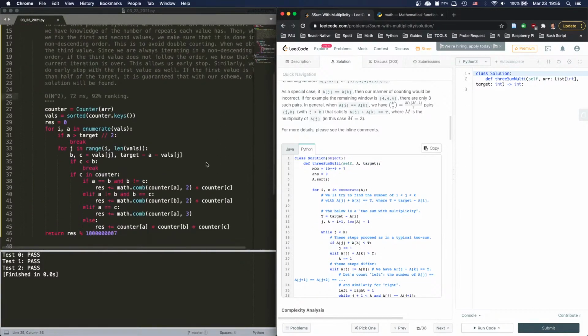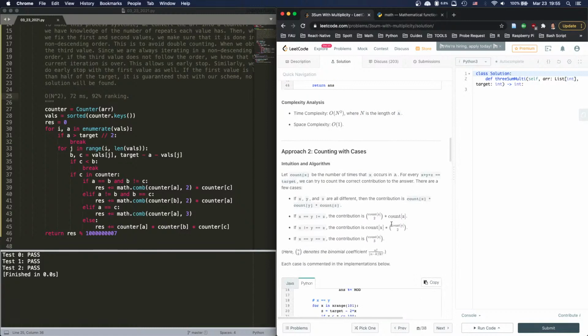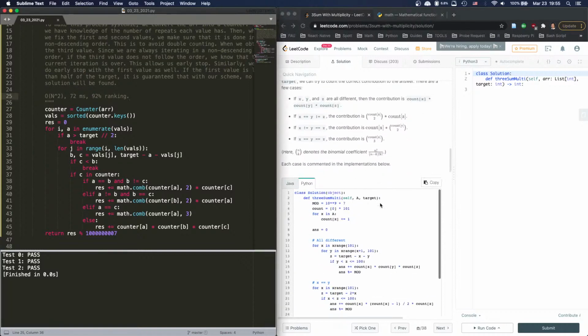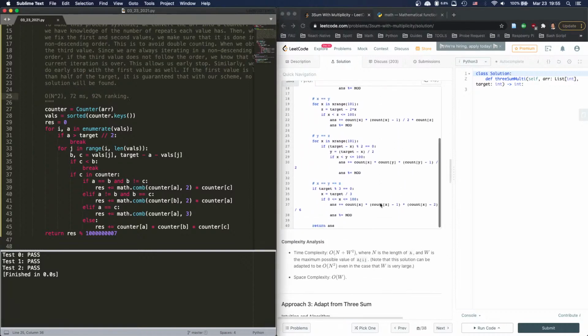I like mine. I won't implement this one, but I see what this is doing. This is good. Second one, counting cases. That's exactly this one, right? Let's take a look. Is the maximum possible value of A[i].